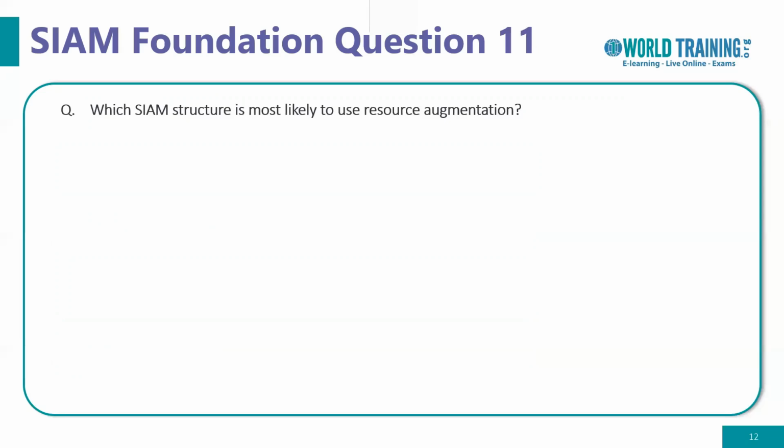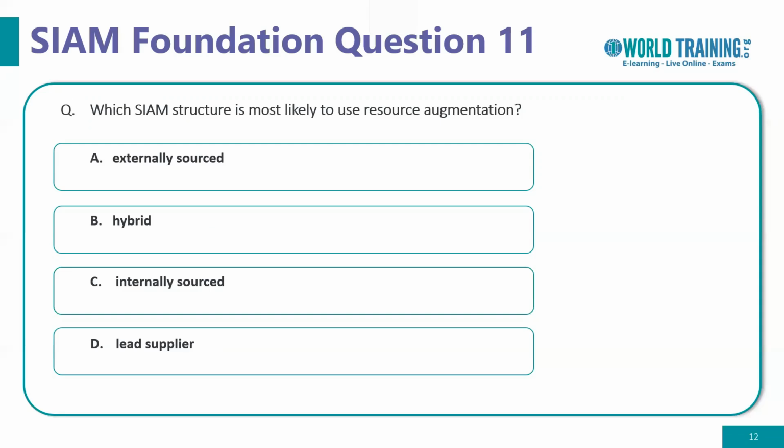Question number 11: which SIAM structure is most likely to be used in resource augmentation? So how do you decide resources in and out, and how do you really ensure that the right resources are coming? When you have to decide the service integrator related skills, or what kind of service integrator or service provider you will pick, you have to decide what skills you have.